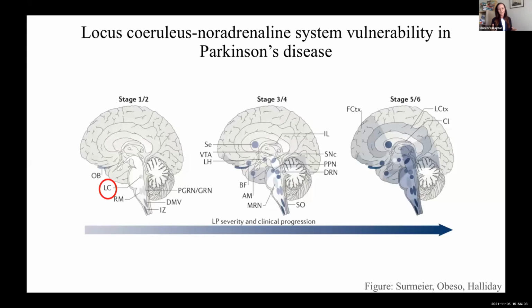And as I mentioned before, the noradrenaline system, which is implicated in this type of response control, the locus coeruleus, the tiny nucleus in the brainstem, is actually the brain's main source of noradrenaline. So impairments or early changes in the locus coeruleus give you this widespread impairment of this system.